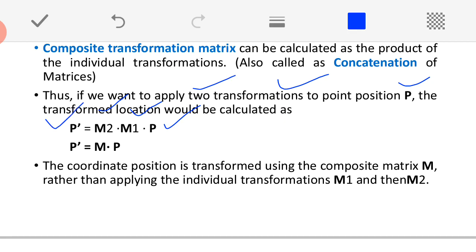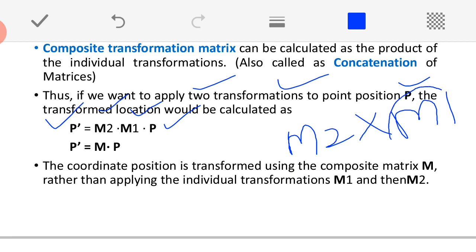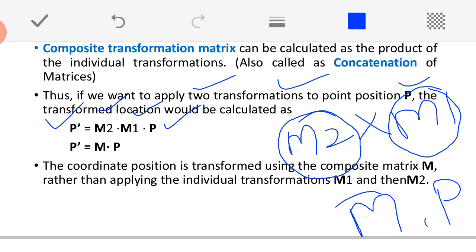But now here what I will do, first I will make a composite transformation matrix by the product of M2 and M1. When I multiply the transformation matrix M1 by the transformation matrix M2, I will get another matrix called M, that is the resultant matrix. When I multiply any point P with this M, then also I am going to get the same transformed point P dash.